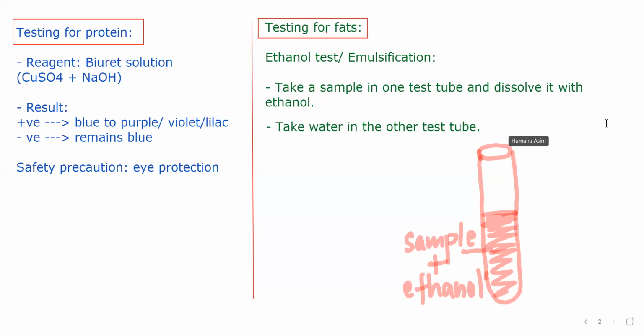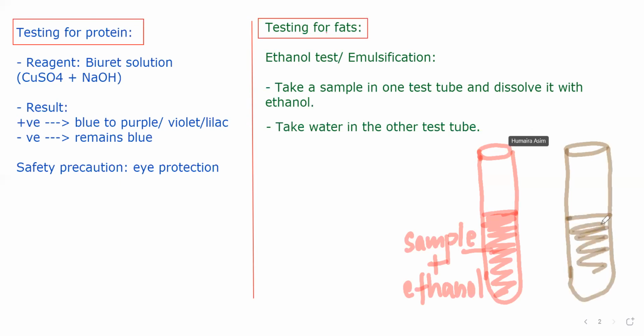So not in this test tube. This is what students usually get confused about. So I am going to take another test tube, and now I have put water in it. This is actually water.